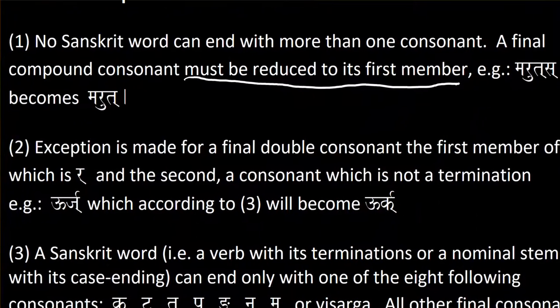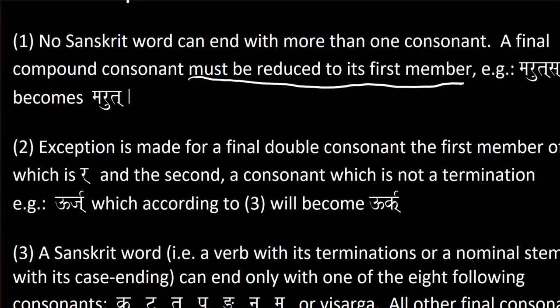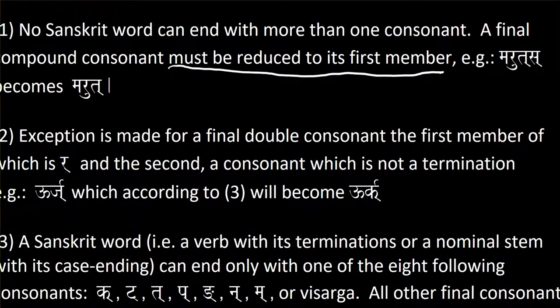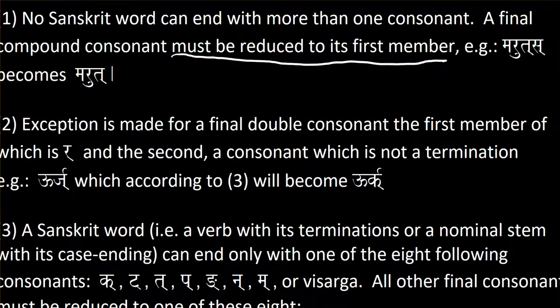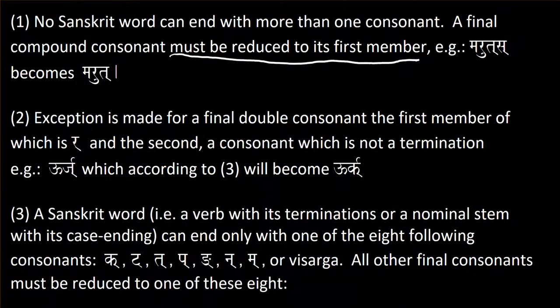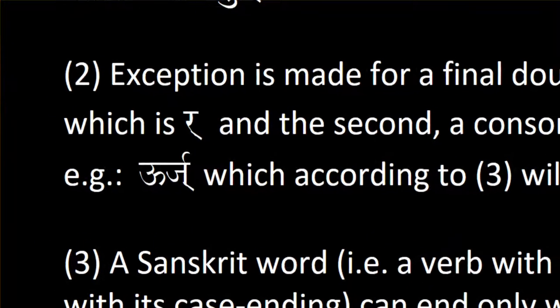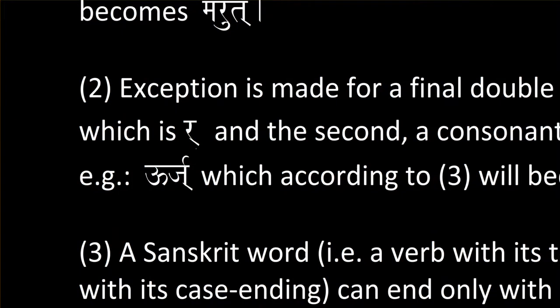There's always an exception to the rule. An exception is made for a final double consonant, the first member of which is ra, and the second member a consonant which is not a termination. A half ra, or a ra with a halant, is usually represented by this hook here, or sometimes you could see this.